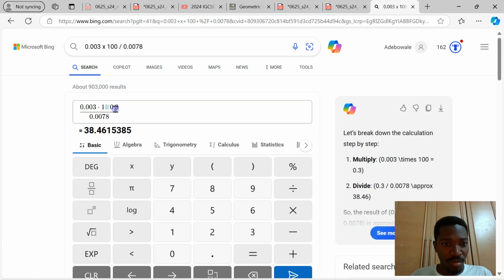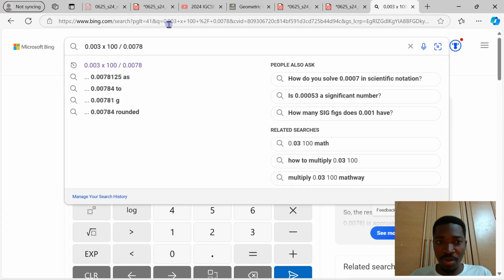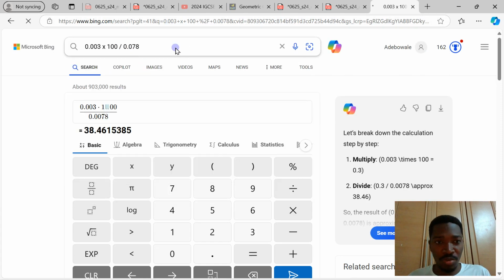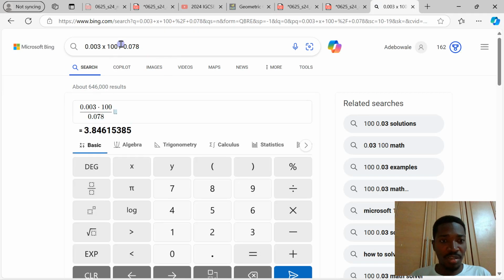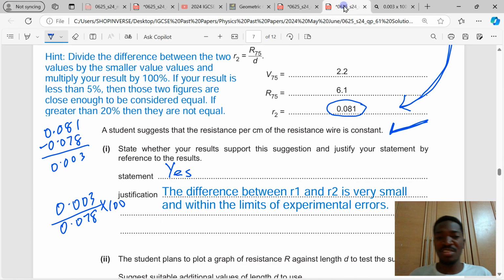I'll do that again. Yeah, this is what I'm supposed to do: 0.003 times 100% divided by 0.078. I got 3.84%. So 3.8% is small enough.